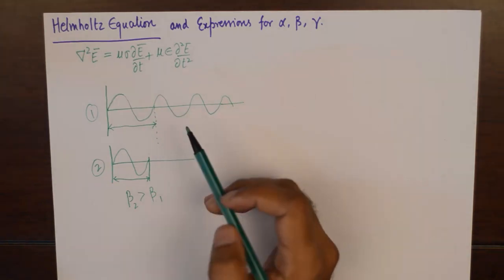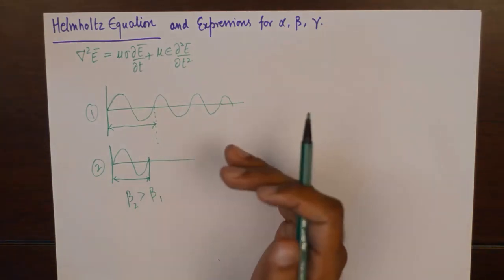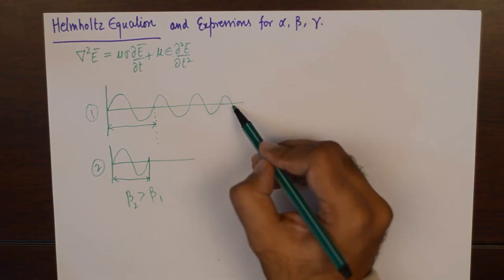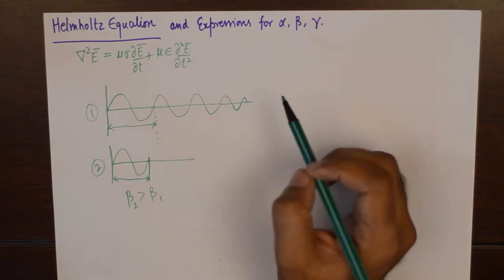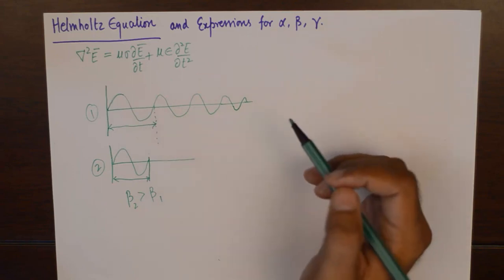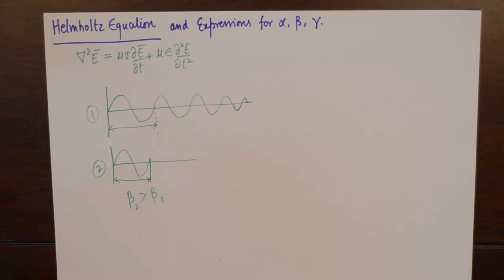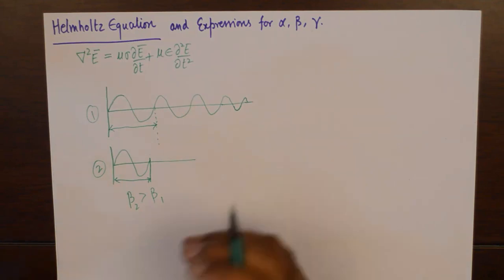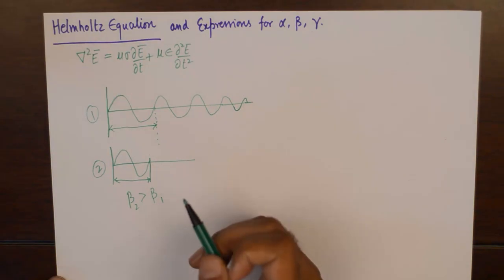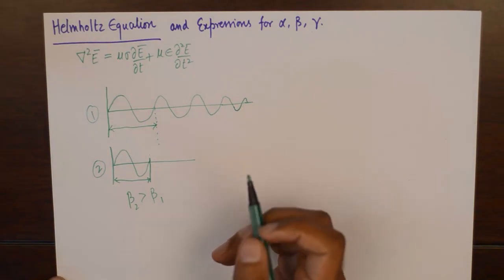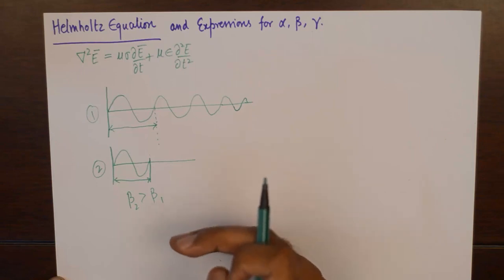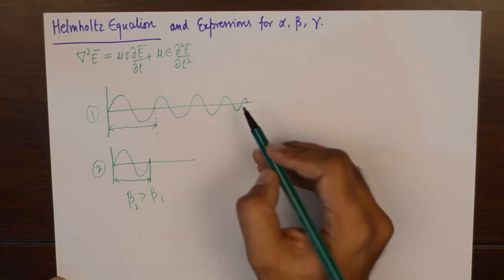And the second characteristic of any real life propagation would be the dying out of the wave. We cannot expect the wave to go on forever, because the waves are traveling in certain medium that has certain impedance. For example, if you subject a wave to free space, free space has got an internal impedance of 377 ohms.